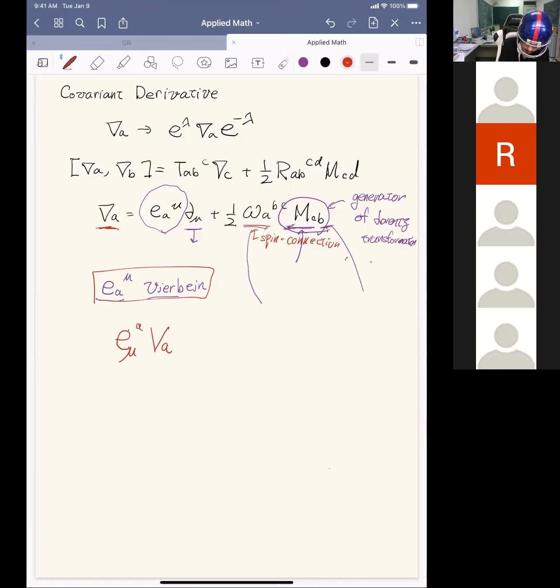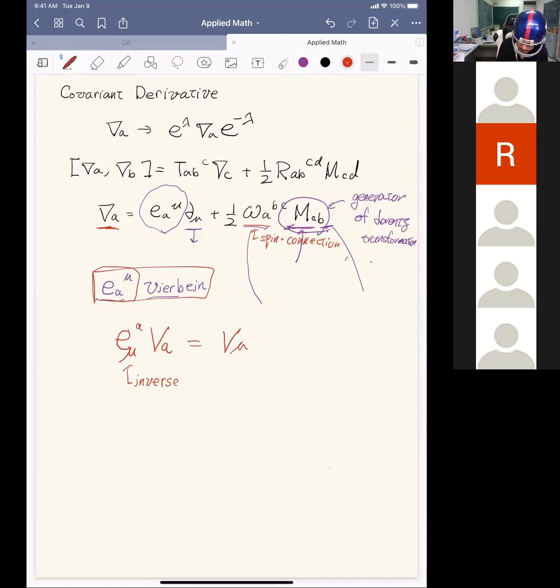This is essentially a 4x4 matrix, right, so you would expect that there's an inverse. So you can have the inverse of your Vierbein, and then this gives you how this vector looks in curved indices.